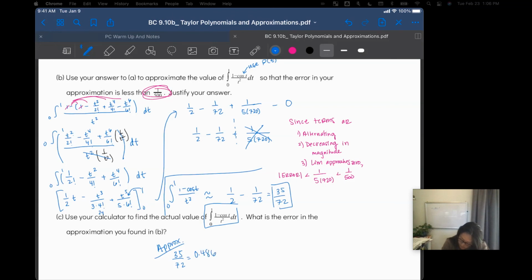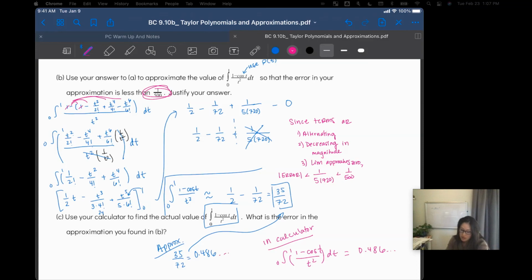So that's this. And then in the calculator, I got the actual value, which is the integral from 0 to 1 of 1 minus the cosine of t over t squared dt. Whew. And that equals 0.486.